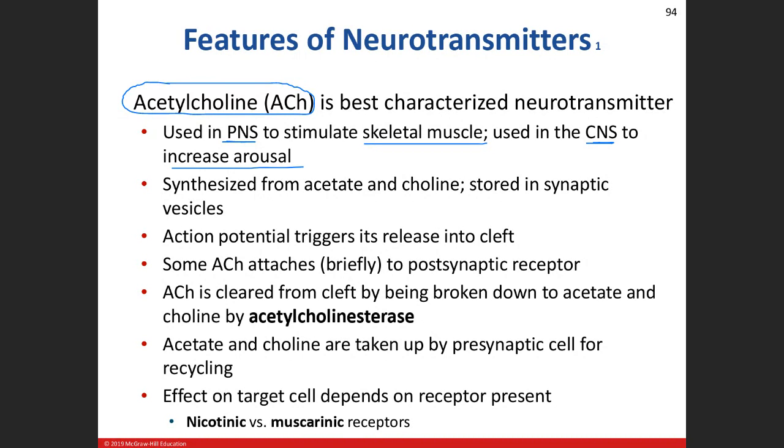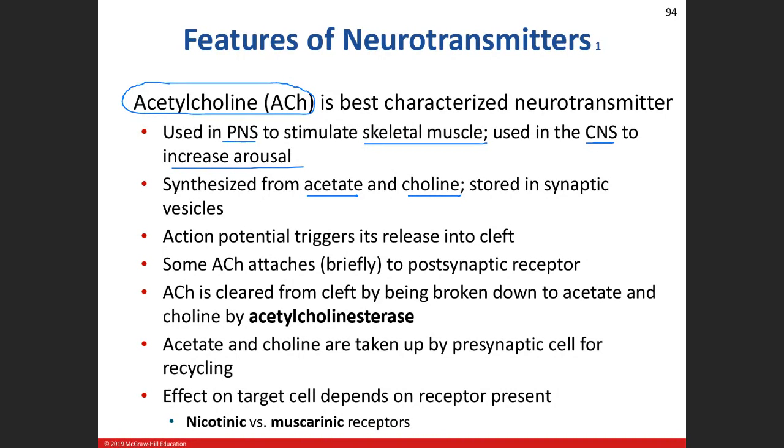But here's the thing: the 2 ingredients we need to make acetylcholine are acetate and choline. We combine those together to make acetylcholine. And there's an enzyme, listed here on the slide, acetylcholinesterase, which breaks down acetylcholine. When acetylcholine, the neurotransmitter, gets released from the synaptic knob and is floating around in the synaptic cleft, eventually it's going to stop working.